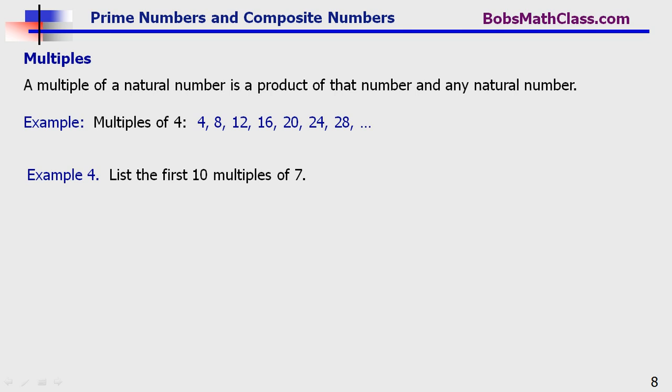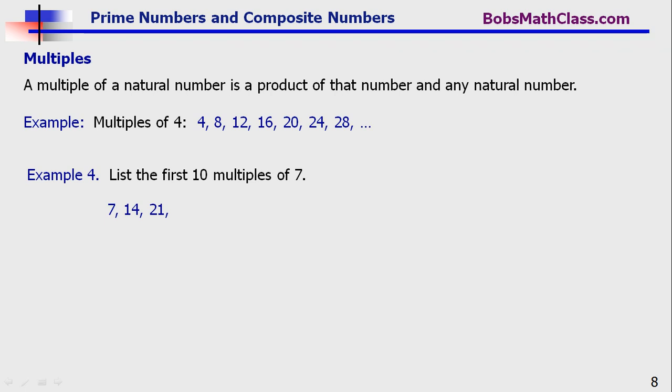Okay, list the first 10 multiples of 7. So start with 7, and then just keep writing all the multiples of 7. 7 times 1, 7 times 2. So 7 times 1 is 7, 7 times 2 is 14, 7 times 3 is 21. What are the next ones?